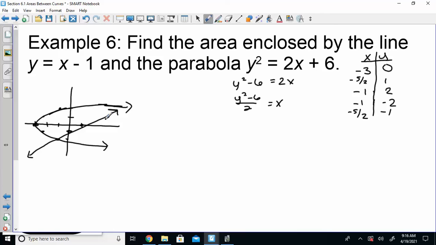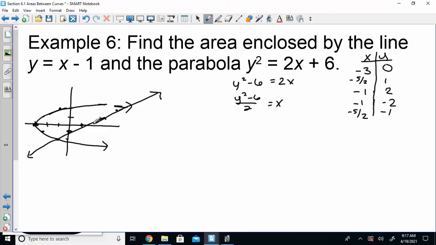However, if I extend my line out, could you tell me a top and a bottom intersection point on this one? Yeah. Sometimes, all the problems we've been doing, it's been easiest to integrate with respect to x. We kept x as our variable, so we had to do our left hand and our right hand.